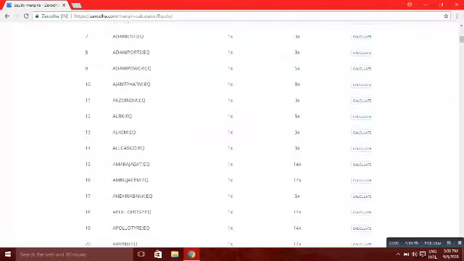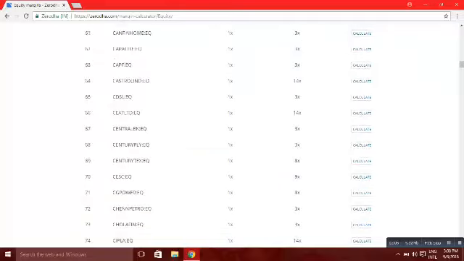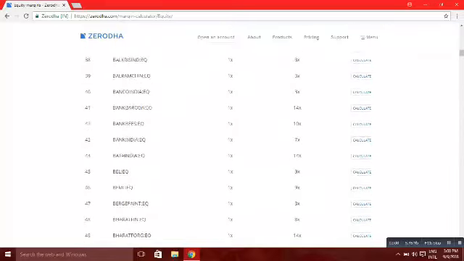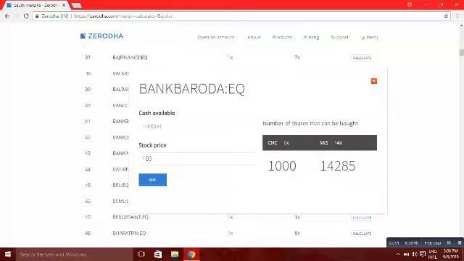Let's select one stock, like Bank of Baroda. Okay, here we get the Bank of Baroda equity. We are going to calculate the intraday margin. Suppose we have 10,000 rupees, and the stock price is, let's keep it, 100.